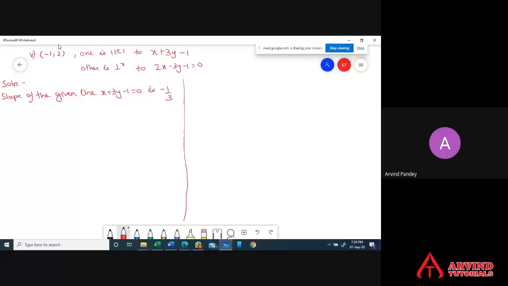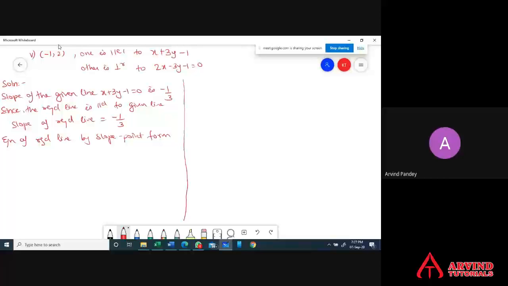Okay, now I'll say since the required line is parallel to the given line, slope of the required line will be the same, that is minus 1 by 3. So I'll say equation of required line by slope point form.